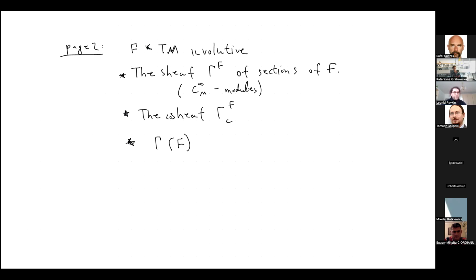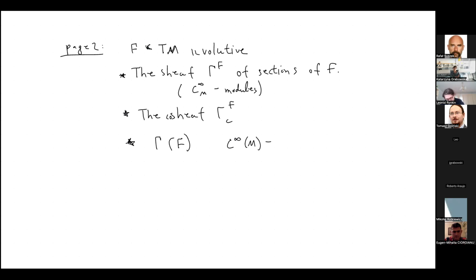So if we know what it means globally to be inside F, we know what it means locally. And this means that we can forget all the sheaf business and just look at gamma F. And what is gamma F as an object? It's the sections of a vector bundle. It's a module over C infinity of M. We don't just know how to add things or multiply with scalars, we can multiply with smooth functions.